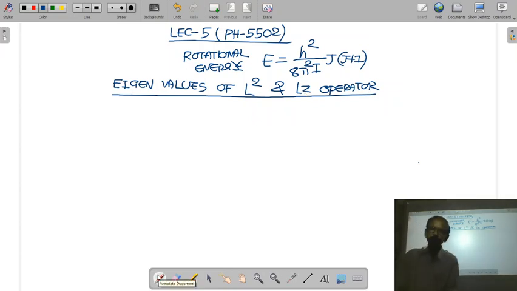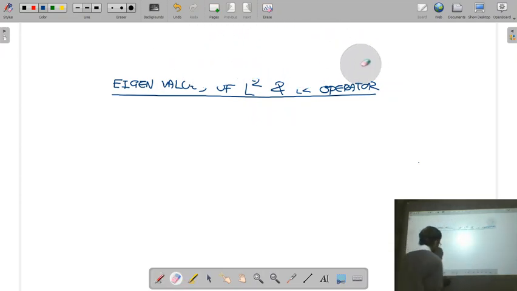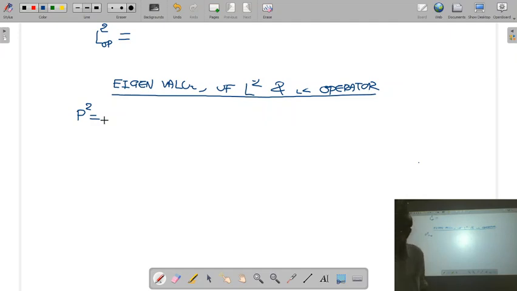Before we obtain the eigenvalue, you should know the operator for L square and the operator for Lz. So I write the two operators. You know the operator for P square, the square of linear momentum, is minus h cross square del square.